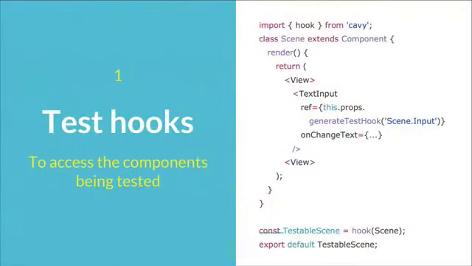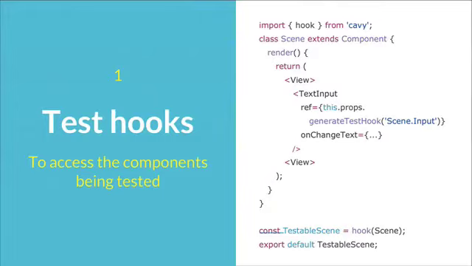The first of these is the test hooks. Basically, these are what you attach to your components to make them accessible in your test, so you can access them and manipulate them. To do this, Cavy provides you with a ref generating function, the generate test hook that you can see on the right.